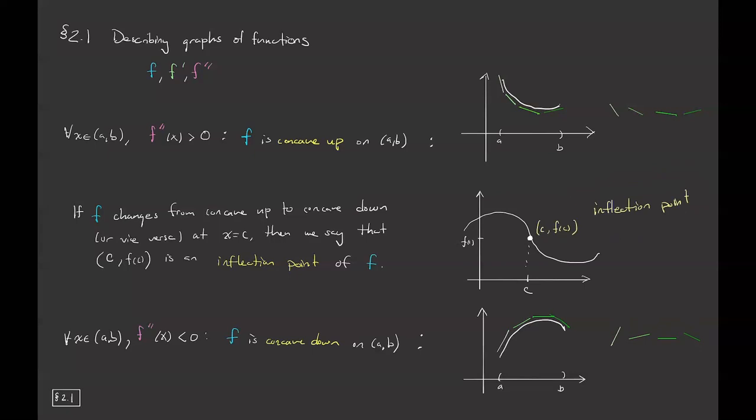Now this may seem like a lot to remember, but you can simplify some of this. For example, the first derivative and the second derivative have a similar structure where when either one is positive on an interval, you get some specific behavior. When either one is negative on an interval, you get some other specific behavior. And the behaviors are very much related.